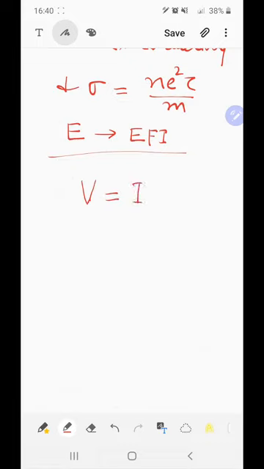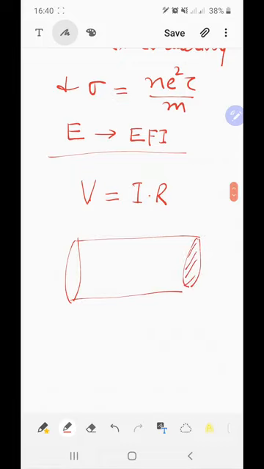Now assume that you have a conductor like this, which has cross-sectional area A, length L, across the ends of which a potential difference of V volt is maintained and current I flows through the conductor.